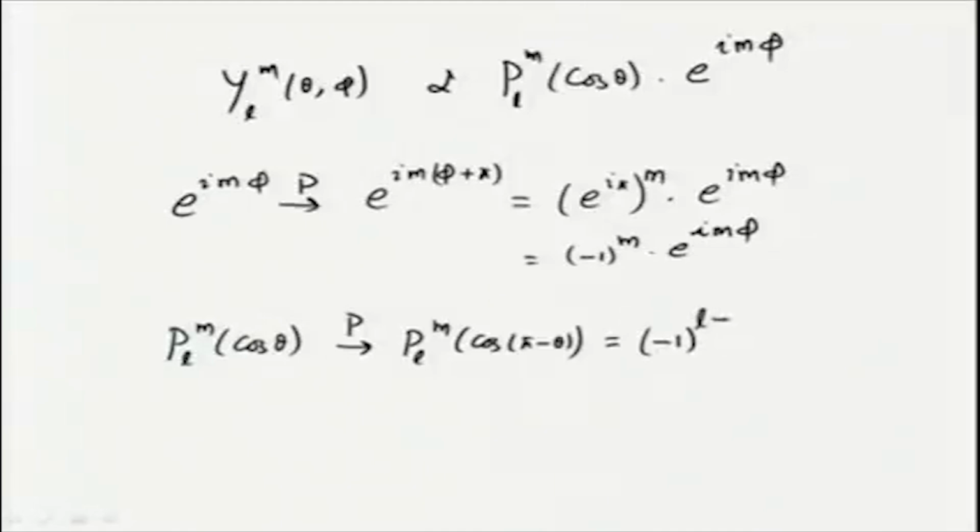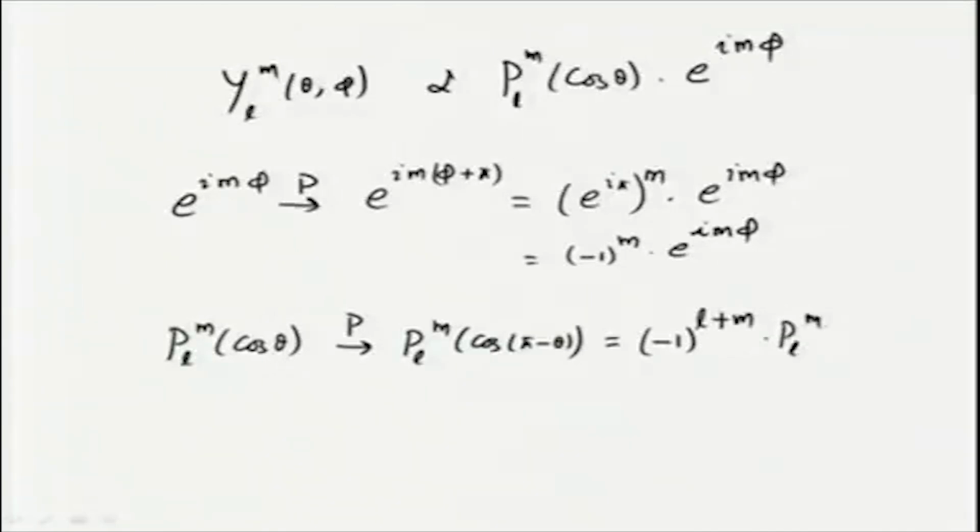It is equal to minus 1 power l plus m. You have to just look at how the associated Legendre polynomials behave under theta going to pi minus theta.